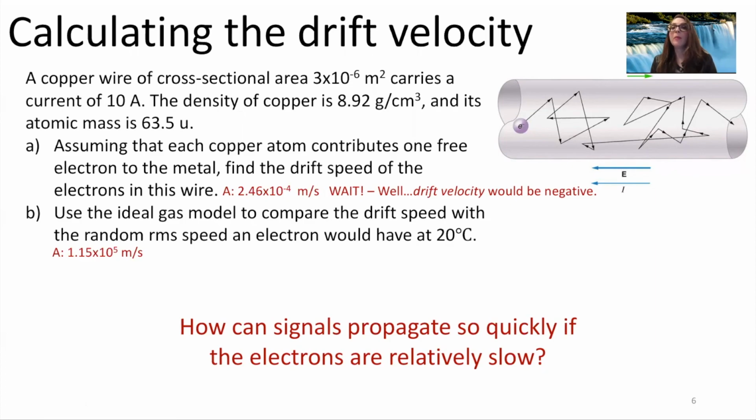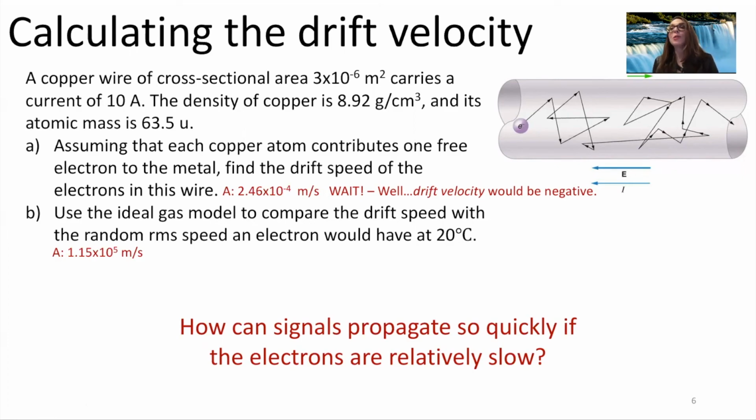Now, in the problem that I just solved, you'll notice that I found a speed, not a velocity. So I didn't take into account the negative charge of our electron. And so if I were to say that Q is equal to minus 1.6 times 10 to the minus 19 coulombs, our answer for our drift velocity would actually be negative.